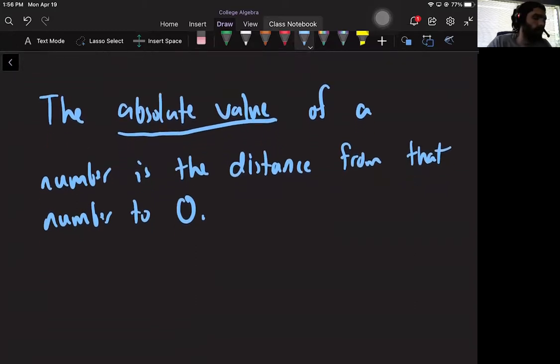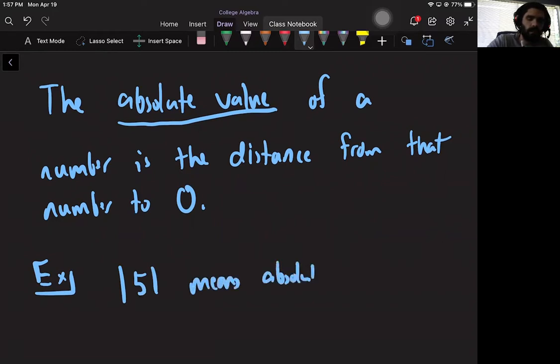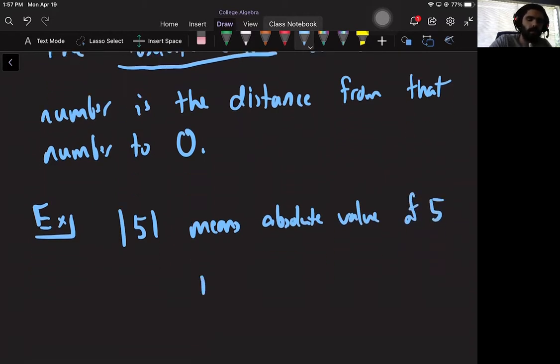So let's do some examples, and the examples will also show you the notation. The notation for absolute value is these two vertical lines around the number. So this means the absolute value of 5. And what is it? Then we write something like this to say what it equals. How far is 5 from 0?